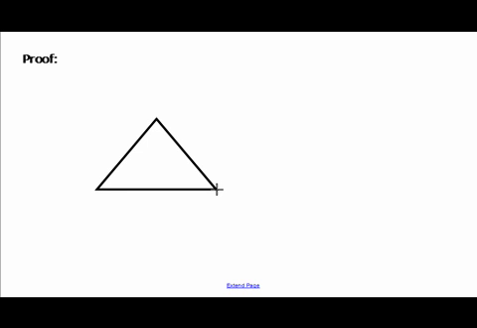Start with a triangle, and I want you to pick one of the sides, and pick the vertex or the point across from that side. So I'm going to choose this side, and I'm going to choose this point across from that side.